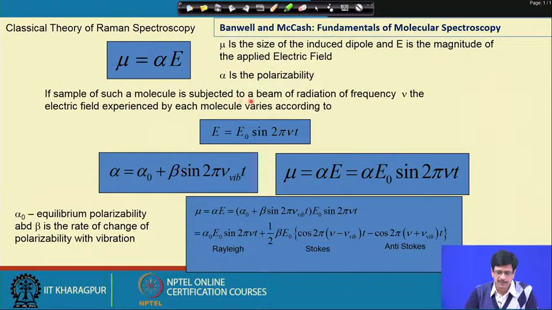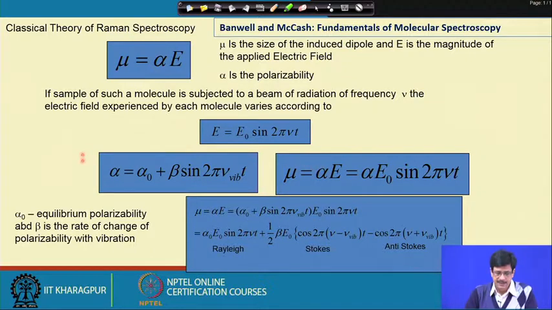So, if a sample is subjected to a beam of radiation of frequency nu, the electric field experienced by each molecule is given by E equals E0 sine 2 pi nu t. Here nu is the frequency, and alpha is given by alpha 0 plus beta sine 2 pi nu vibration into t.